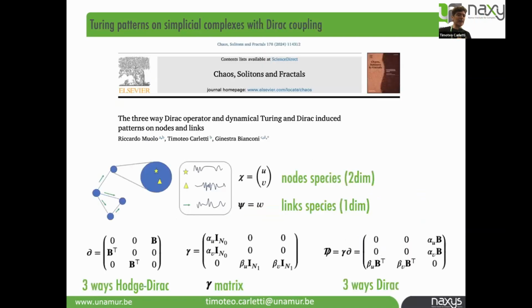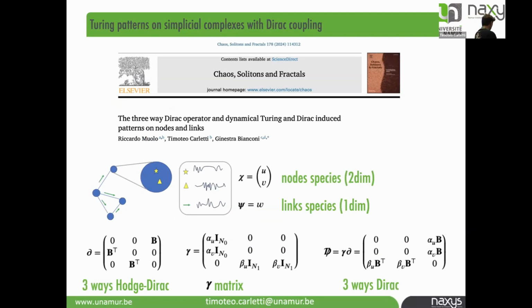The last point, which Ginestra briefly showed on Monday, is the idea that up to now I have one species on the node and one species on the links. But this is not a restriction. You can have, for instance, two species on the node and one species on the link, or vice versa, two species on the links and one on the node, or any other combination.